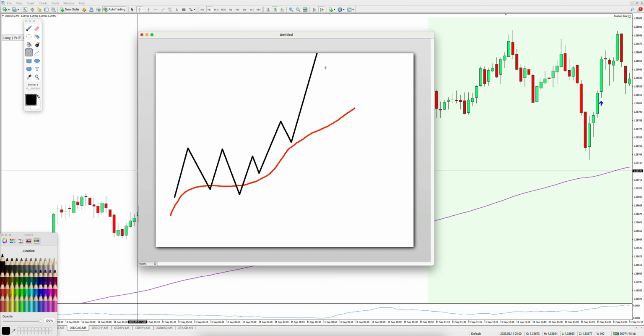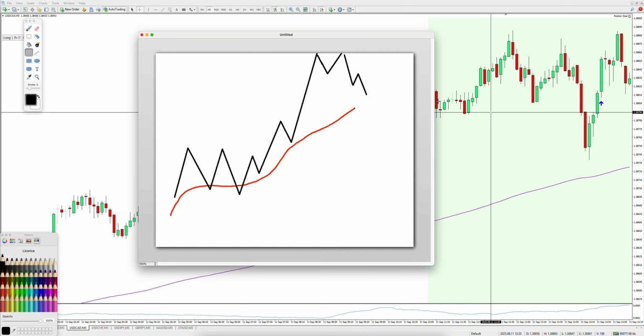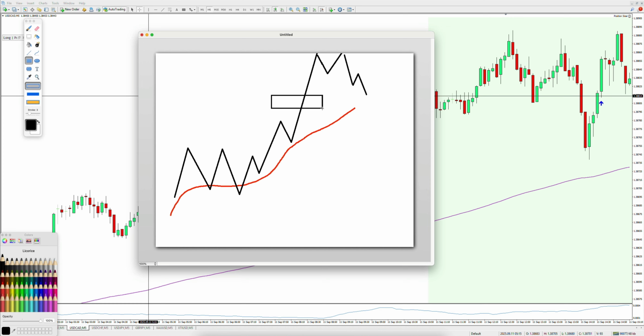Price is very extended from the moving average up here. Once you get this overall extension from the moving average, what you tend to find is you do get a more significant and deeper pullback. So that's always worth paying attention to. Your best trades, I would always find, are in around these areas here. All right.